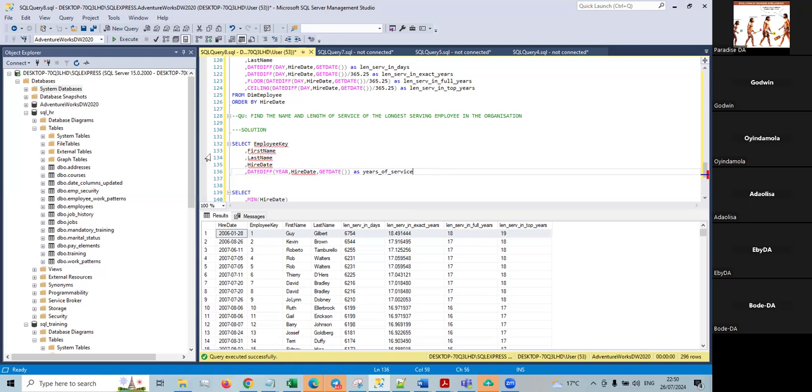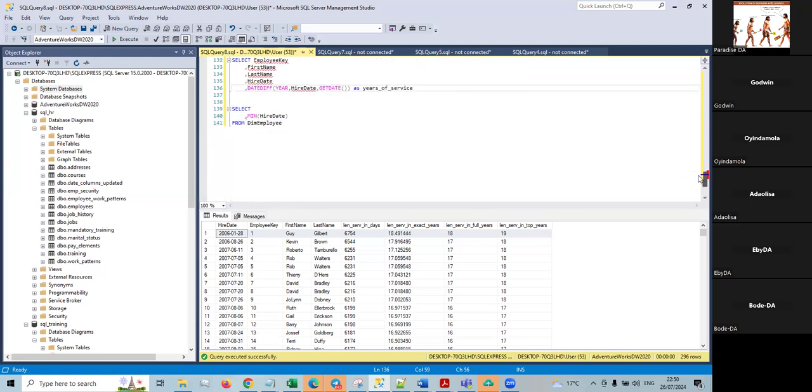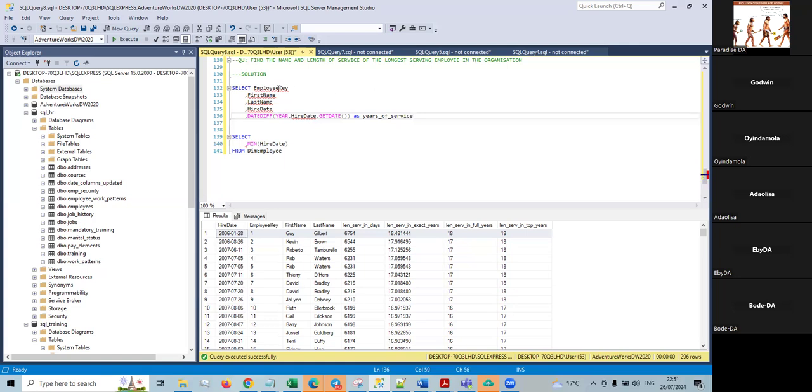Right? So this gives us the hire date. This gives us the years of service of somebody, but it doesn't give us... This here should link up with that. This just gives a general hire date.